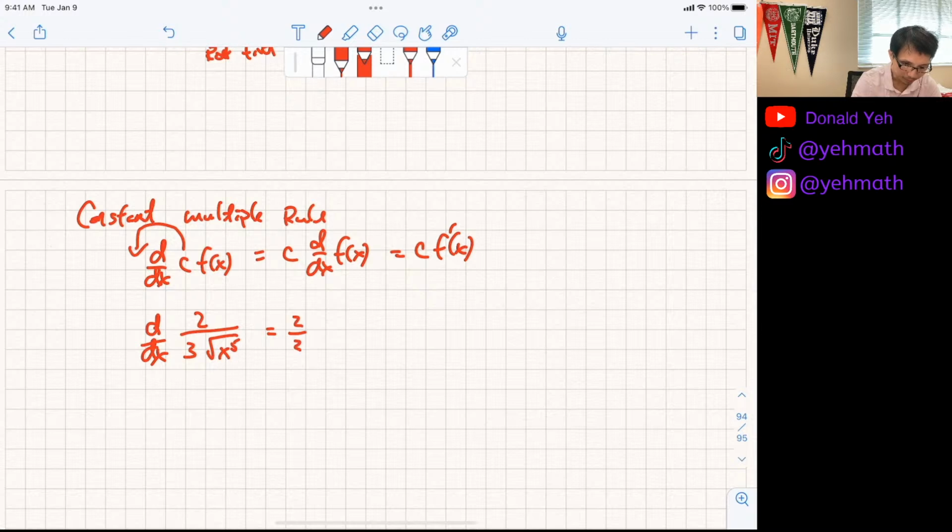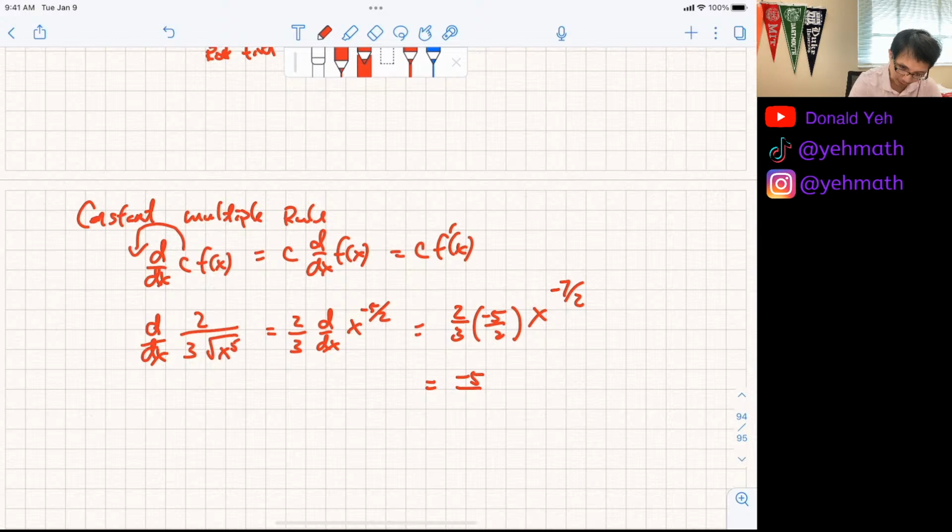If I take d/dx here, it's going to be x to the negative 5 over 2. Why is it negative 5 over 2? Because it's in the denominator. If I move it to the numerator, it's going to be negative 5 over 2. And let's take a derivative of this, 2 over 3 times negative 5 over 2, x to the negative 7 over 2.